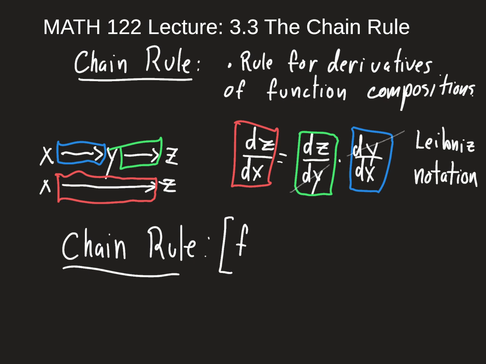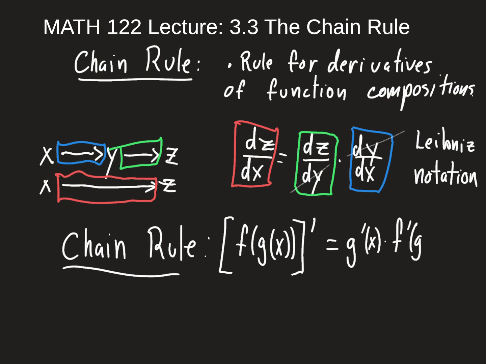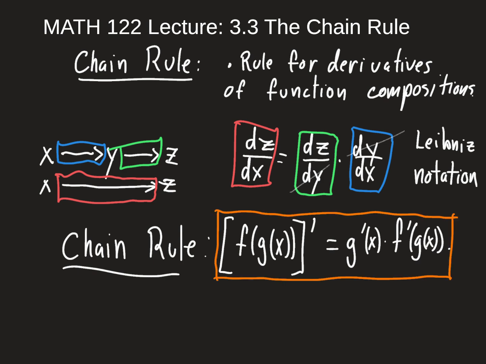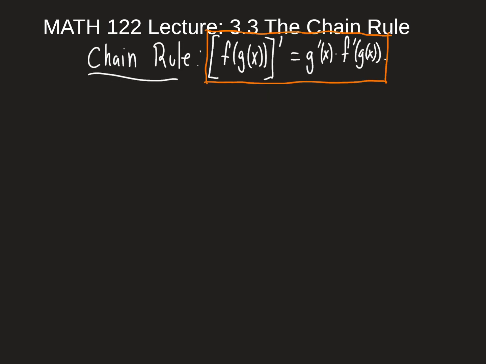Chain rule states that the derivative of f of g of x is equal to g prime of x times f prime of g of x. This version, this formula, is the one that you guys will use the most often. So the question now becomes, how do we use this chain rule to actually calculate derivatives?